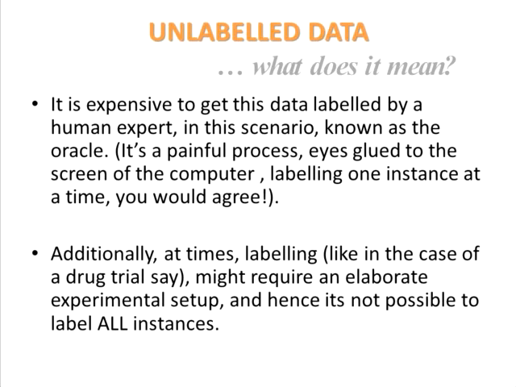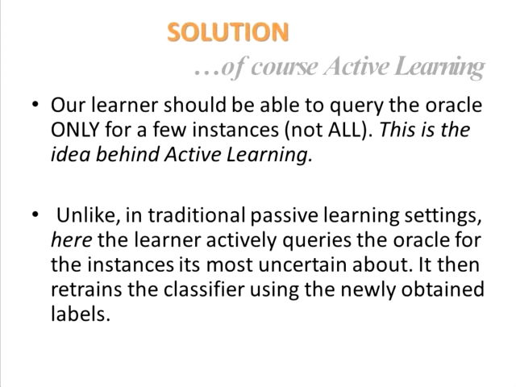Let's say if it's a drug trial, assigning a label to a tested drug, whether it's good or bad, would require you to make somebody have it, and that's not always possible. So probably you don't want to do it for all the data points that you have. So the solution, of course, is active learning.